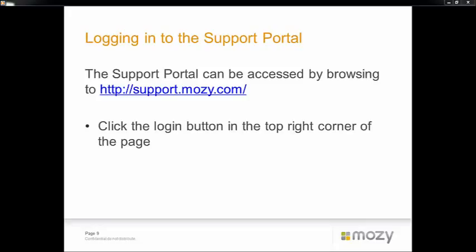To go to the support portal, it's just support.mozy.com. To log into your personal support page, go to support.mozy.com and click the login button in the top right hand corner of the page.